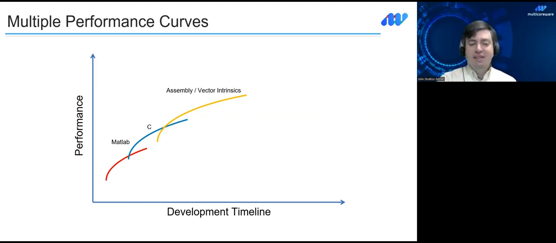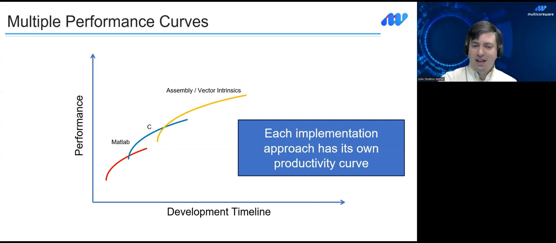So given that you've got all of these productivity curves available, what do you actually do in a project? Well, given that each implementation approach has its own productivity curve, you ideally would want to pick which development curve you want to be on at the beginning that will get you to the performance target you need with the minimum development effort.